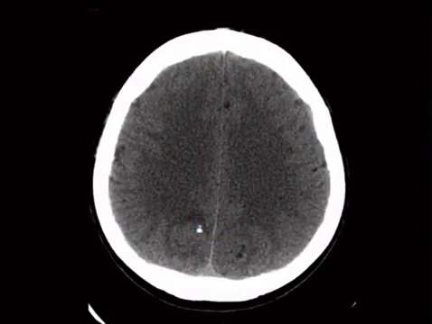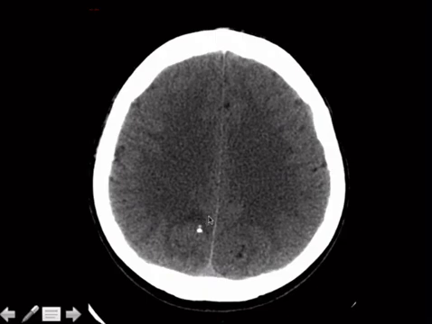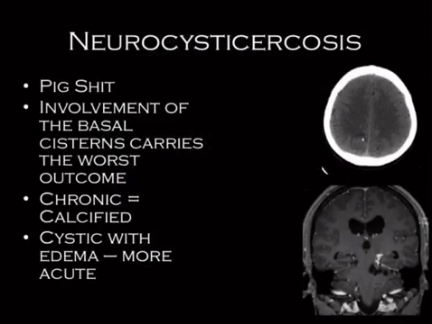Next case. So if you could see it yet. See it? Oh, that guy right there. Calcification. A little bit of sort of weirdness going along there. You'd be like, really? That's it? Yeah, that's it. So that's a way to show neurocysticercosis.